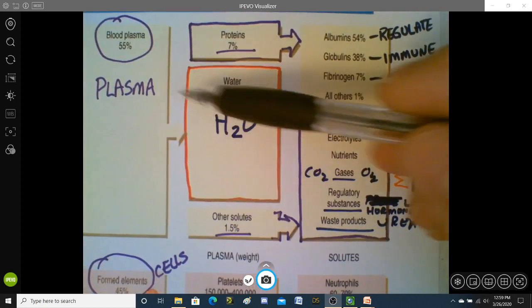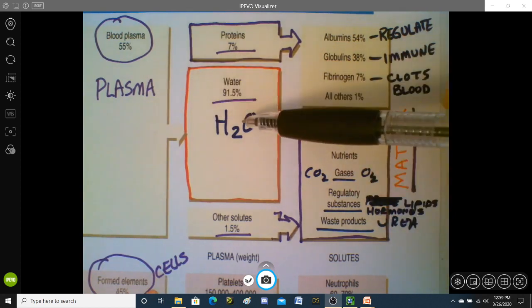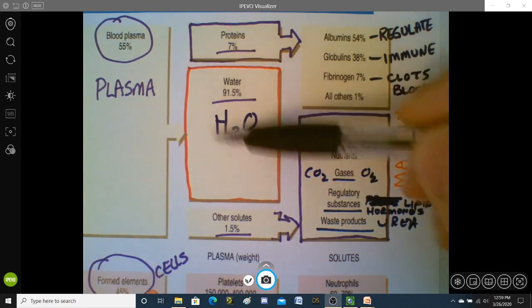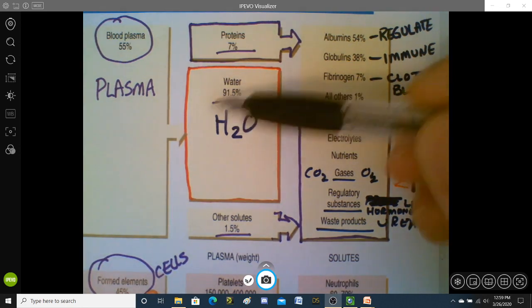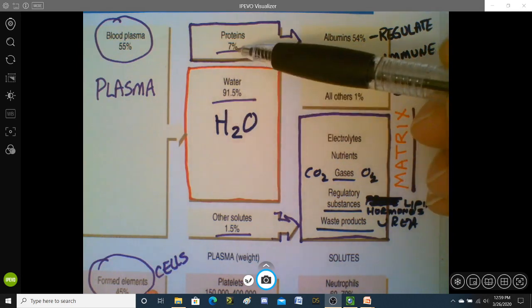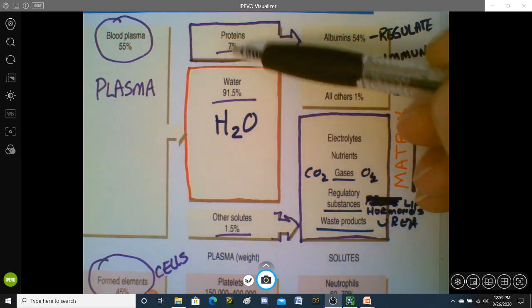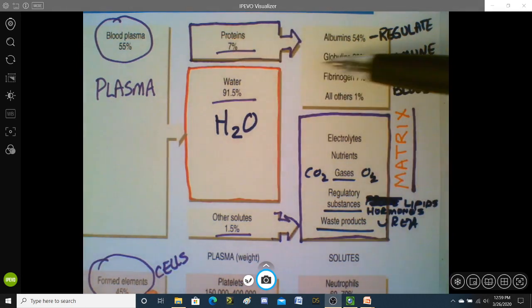Now, most of our blood plasma, the liquid part, it's a liquid because it's mostly water. So 92% of our plasma is water. Then about 7% is made out of proteins. What are those proteins?